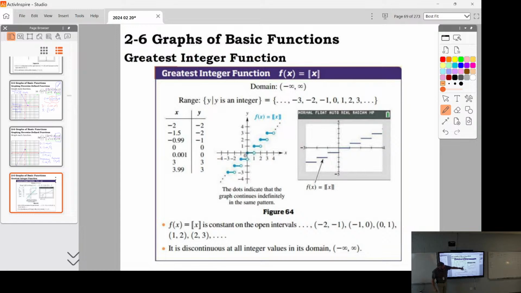That's why you have an open circle at 1 and a closed circle at 1. The greatest integer function is constant between 0 and 1, 1 and 2, 2 and 3, 3 and 4. So there's infinitely many continuous intervals. There's infinitely many discontinuous parts of the function.